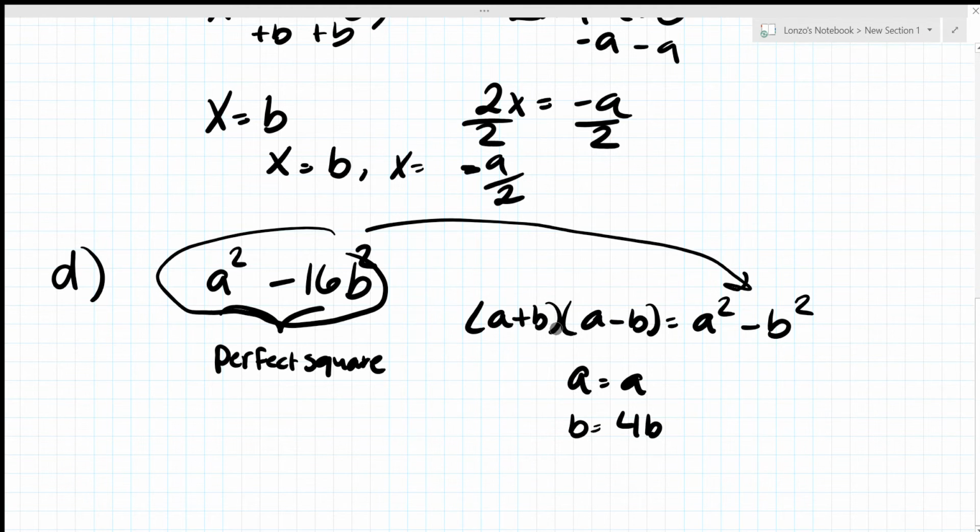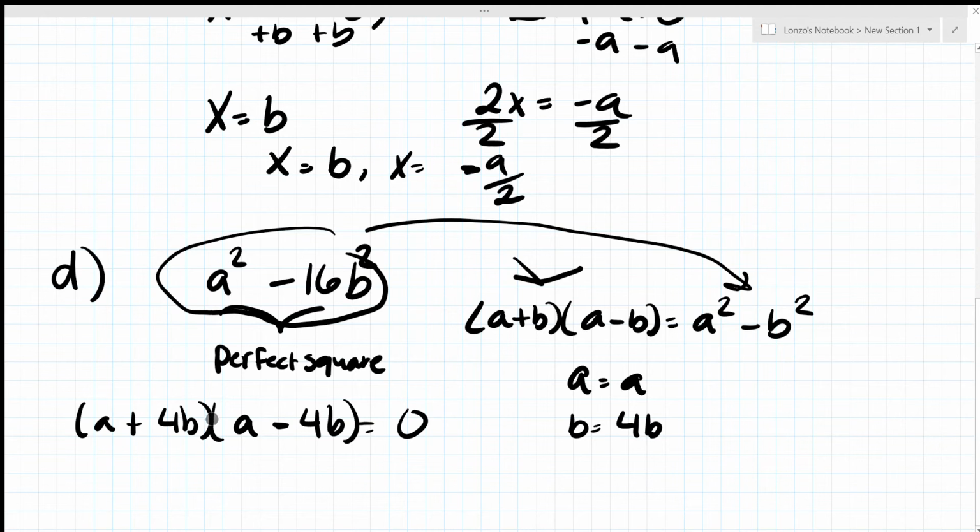So now we know our a and our b, so we just got to make it look like this. So it says a plus b, so my a is just a, plus my b, which is 4b. And then a minus 4b. So we could leave it like this because it says solve by factoring.